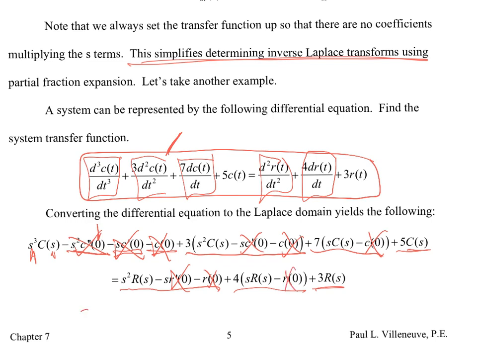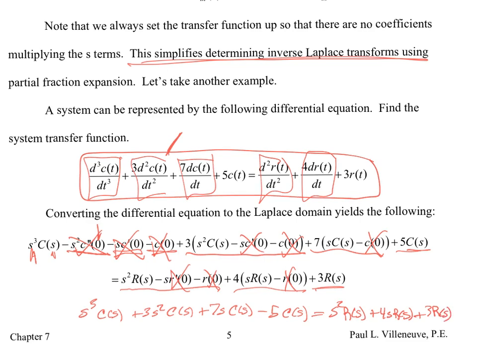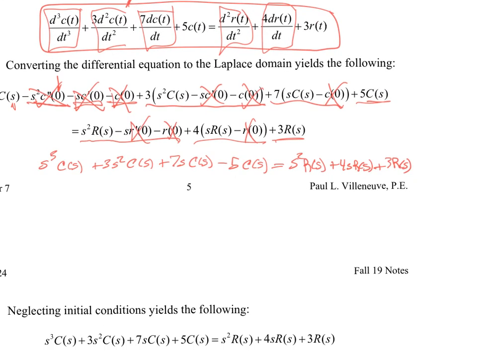What I'm left with is s cubed C of s plus 3s squared C of s, plus 7s C of s, minus 5 C of s is going to be equal to s squared R of s plus 4s R of s plus 3 R of s. That is my equation written just a little bit cleaner.